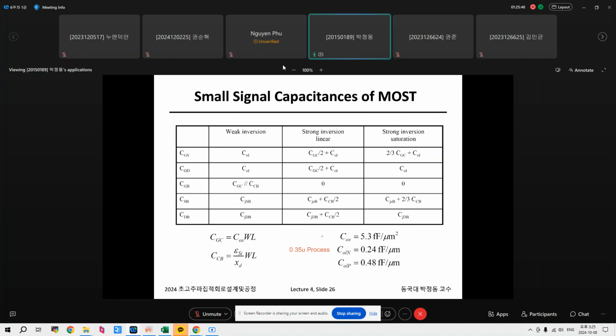Okay. Let's take a look at capacitor. Okay, capacitor of the MOSFET. So basically different from the BJT.